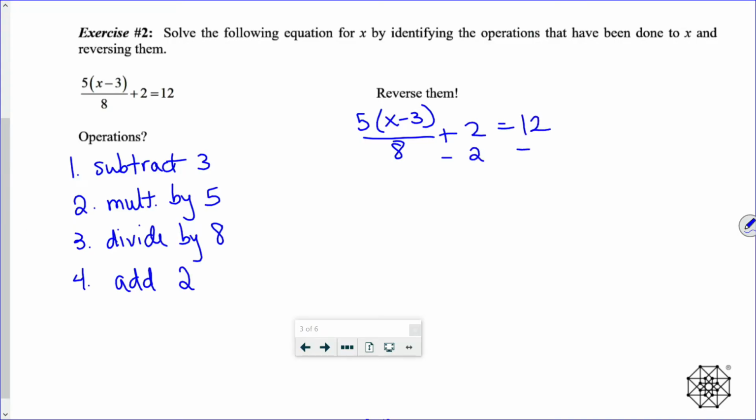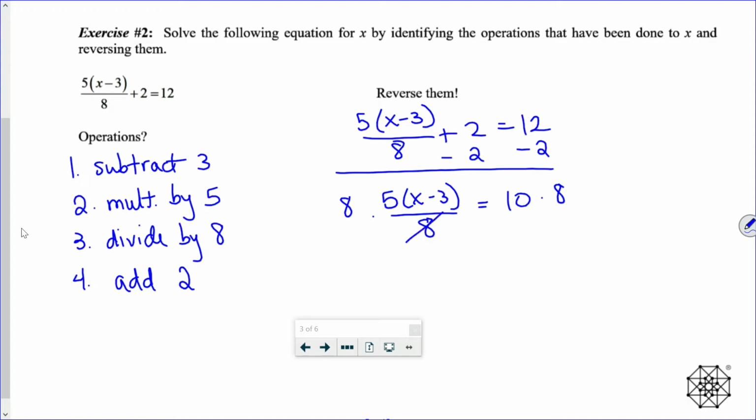Let's subtract that 2 from both sides. We'll get 5 times x minus 3 divided by 8 is equal to 10, right? Let's multiply by 8 on both sides. We'll get 5 times x minus 3 is equal to 80.